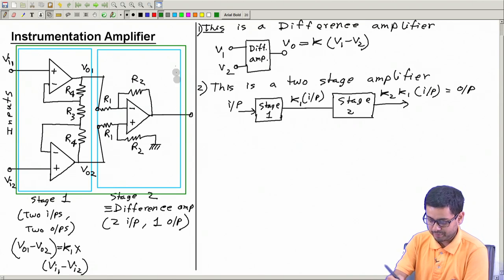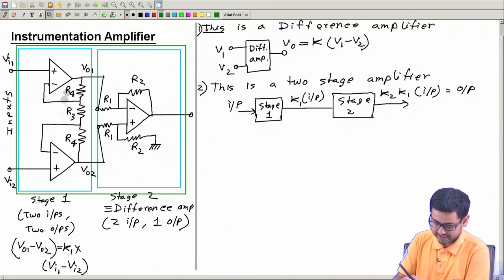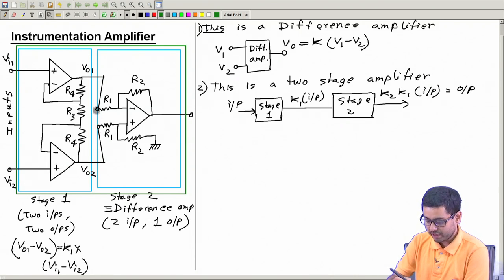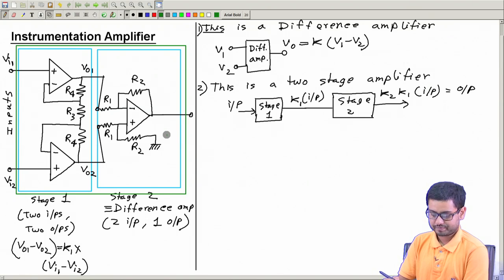This is the overall amplifier. Inside it we have 2 amplifiers, one is this, another is this. The first one is a 2 input 2 output, the second one is a 2 input 1 output.